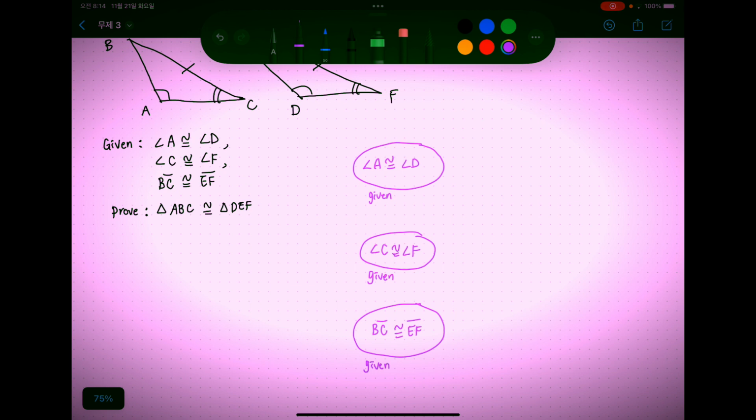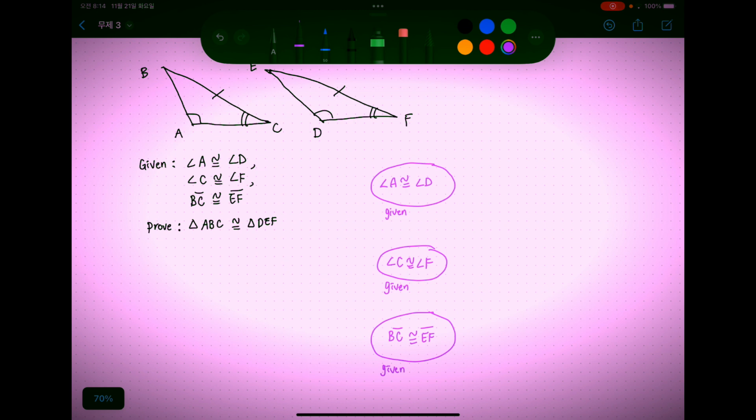Okay. Now, I think what we have to keep in mind is that if we're looking at our diagram, since we know that A and D are congruent, and we know that C and F are also congruent, that automatically tells us that B and E must be congruent, right?